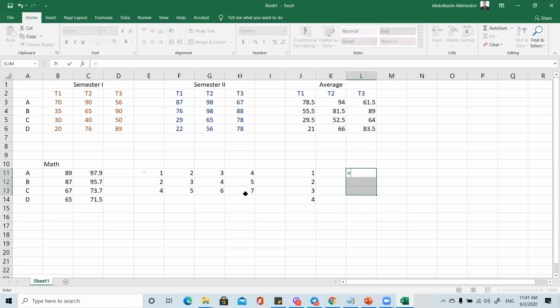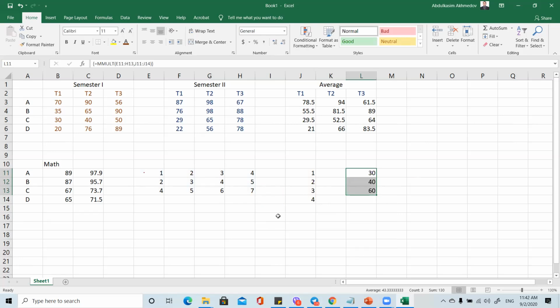So equal, and here we have MMULT, matrix multiplication, array 1, and multiply by array 2. Close the bracket, Control, Shift, Enter. We have the result here. Anyway, guys, this is how we multiply matrices using Excel.